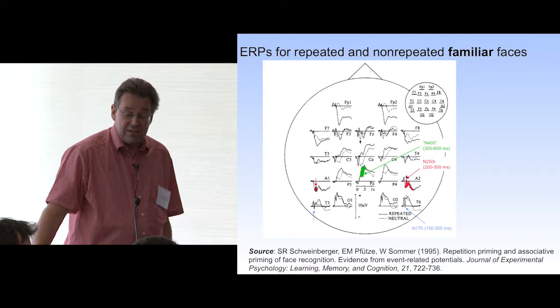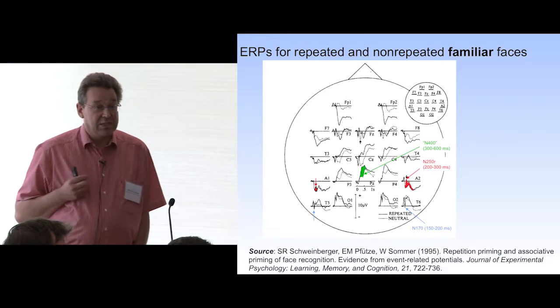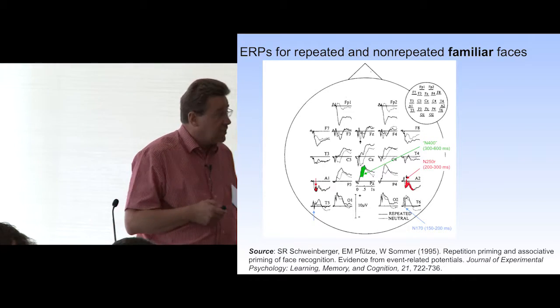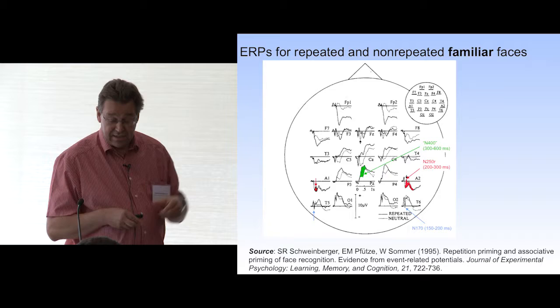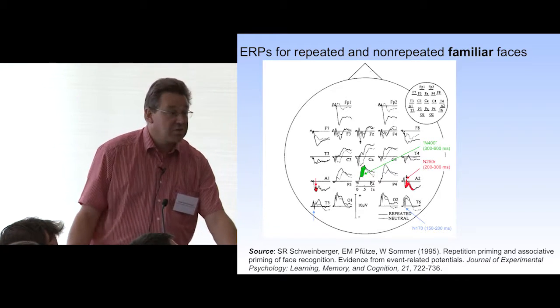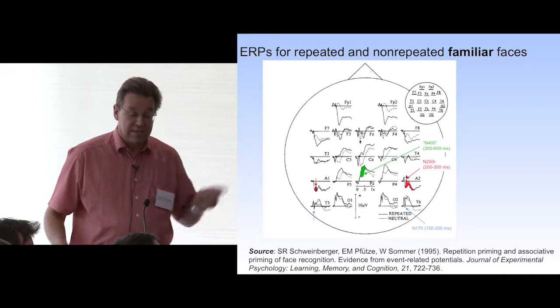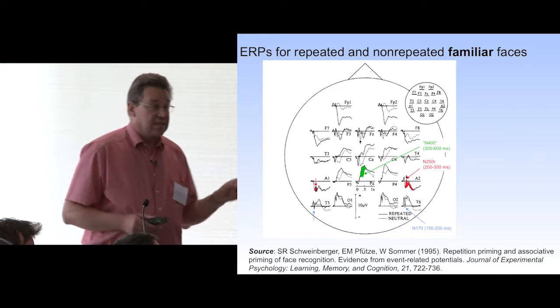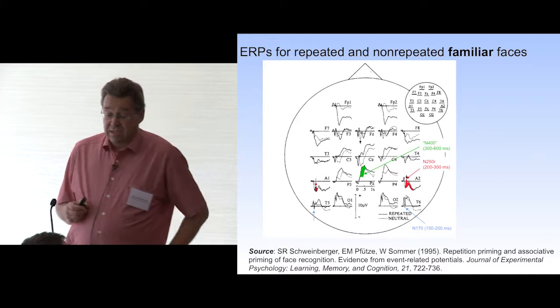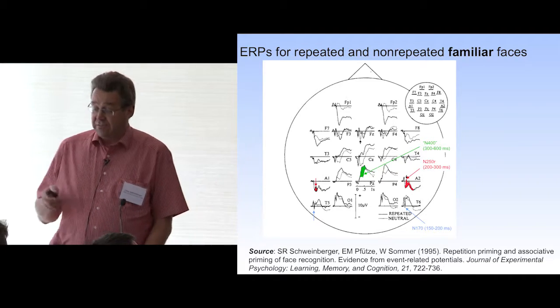And in green, you see the N400 modulation with a latency of about 300 to 600 milliseconds and a more central to parietal distribution. And the N400 is also moderated by repetition priming, as you can see here. But as we will see, and this is in contrast to the N250R, the N400 is also moderated by associative or semantic priming.